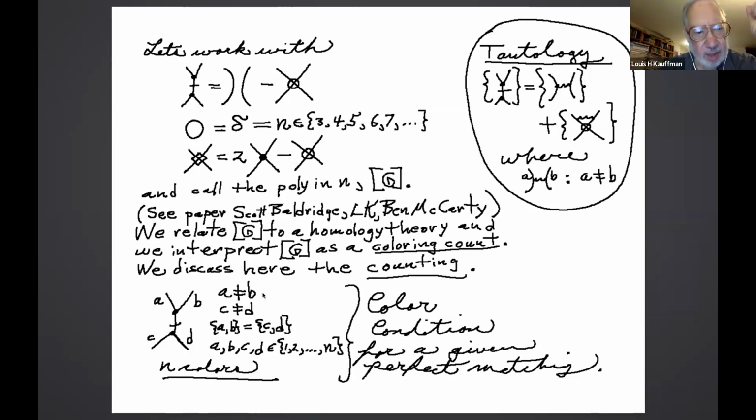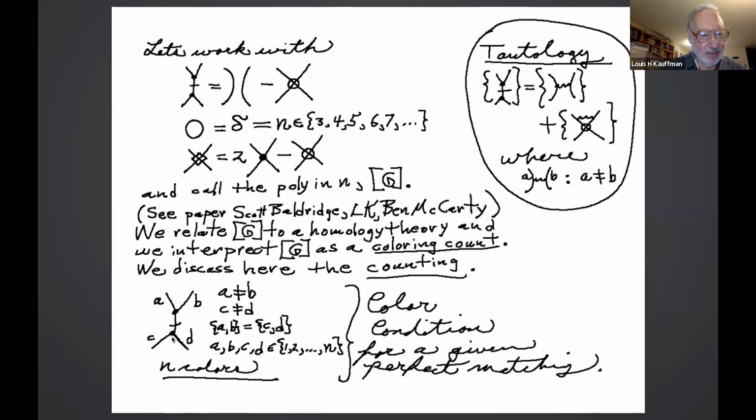Now, how are we going to color? We're going to color in the following way. We've got n colors now, not just 3. But we insist that in a perfect matching graph, we aren't worrying about coloring the perfect matching edges, just the ones that are not perfect matching edges. And 2 edges that come into a perfect matching edge will be colored differently. And at the other end of that edge, the same 2 colors have to occur.